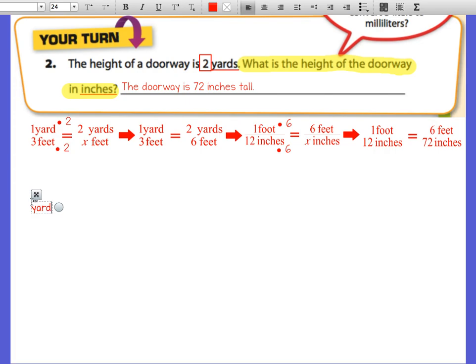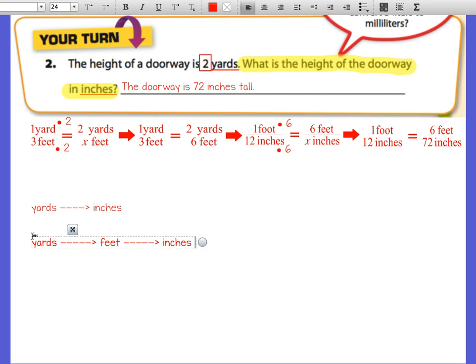So yards to inches. Well, if you look at our conversions, we don't really have a conversion from yards to inches. Okay, but we do know that we can go from yards to feet. Okay, so that's the connecting piece. And then we can go from feet to inches.